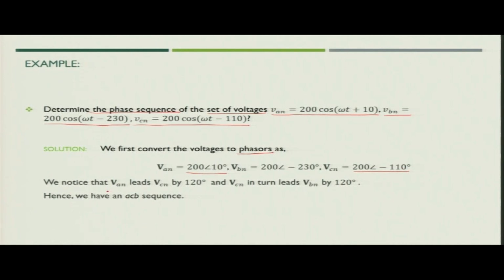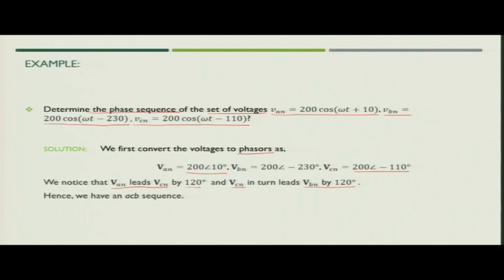Now, if you see from the phasor notation, you will see that VAN leads VCN by 120 degree and VCN again will lead VBN by 120 degree.